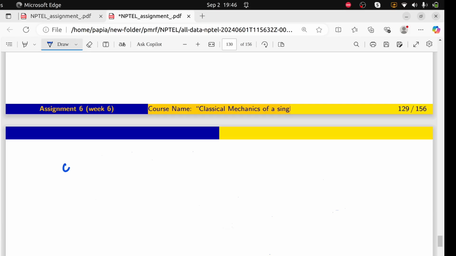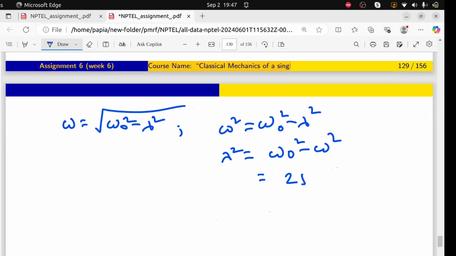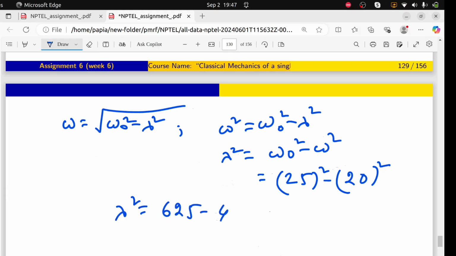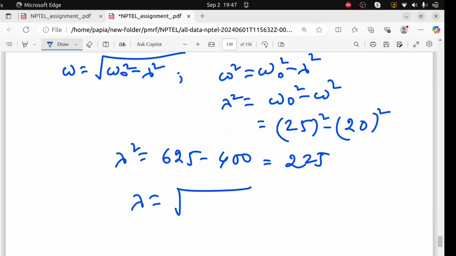So our omega is root over omega 0 square minus lambda square. So omega square is omega 0 square minus lambda square. So lambda square is omega 0 square minus omega square. So this is 25 whole square minus 20 square. So lambda square is 625 minus 400, which is 225. So lambda will be root over 225, which is 15 hertz.